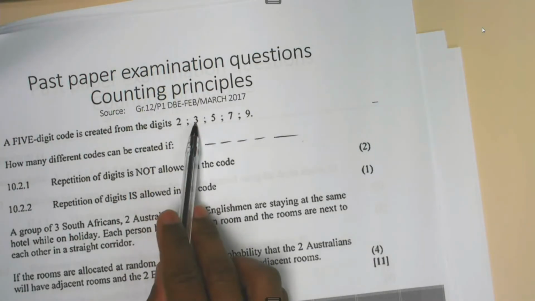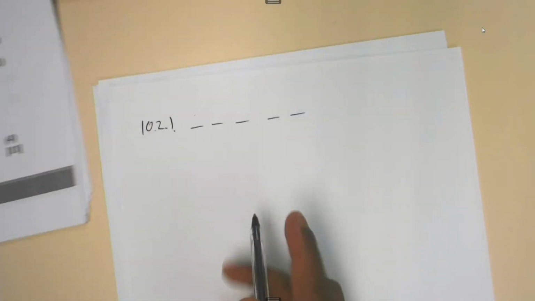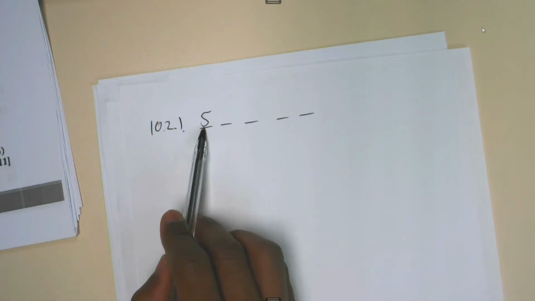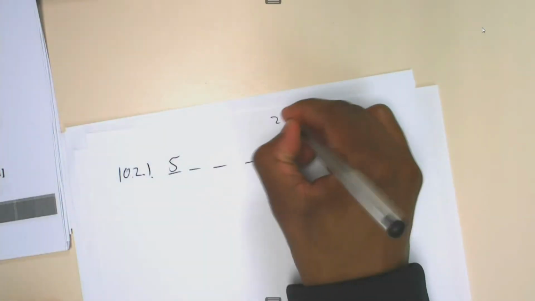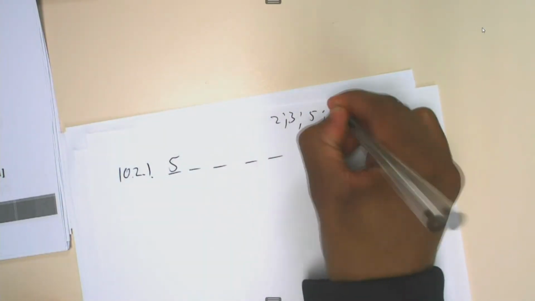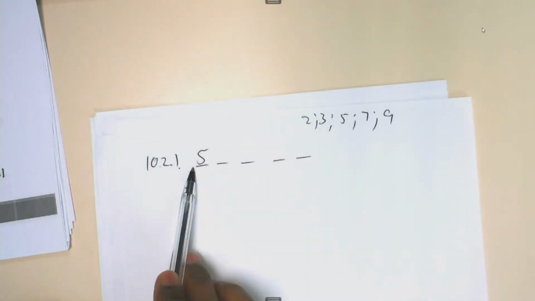I have 5. So I can put any of the 5 digits in my first placeholder: the 2, the 3, the 5, the 7, or the 9.